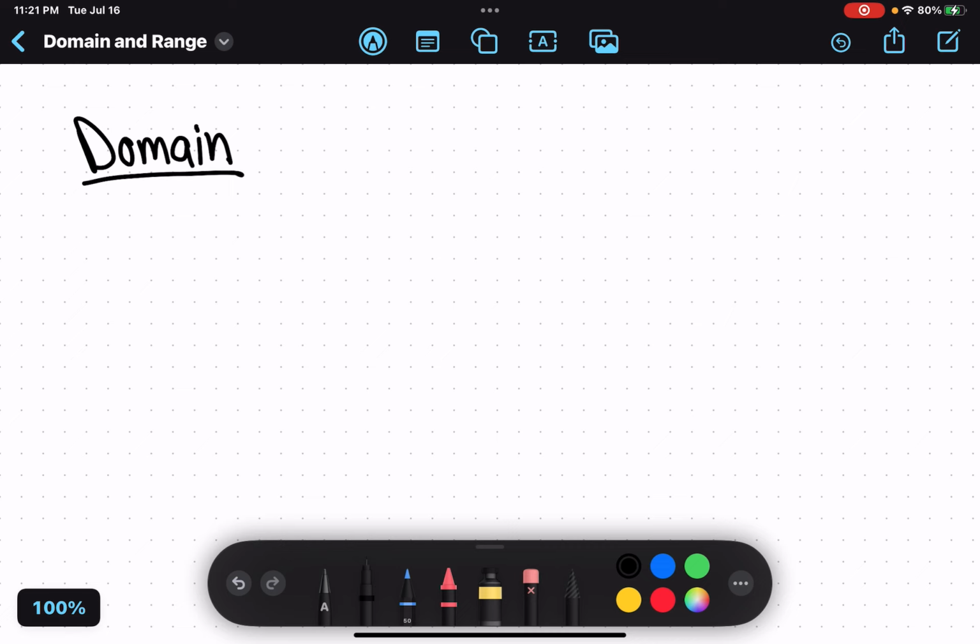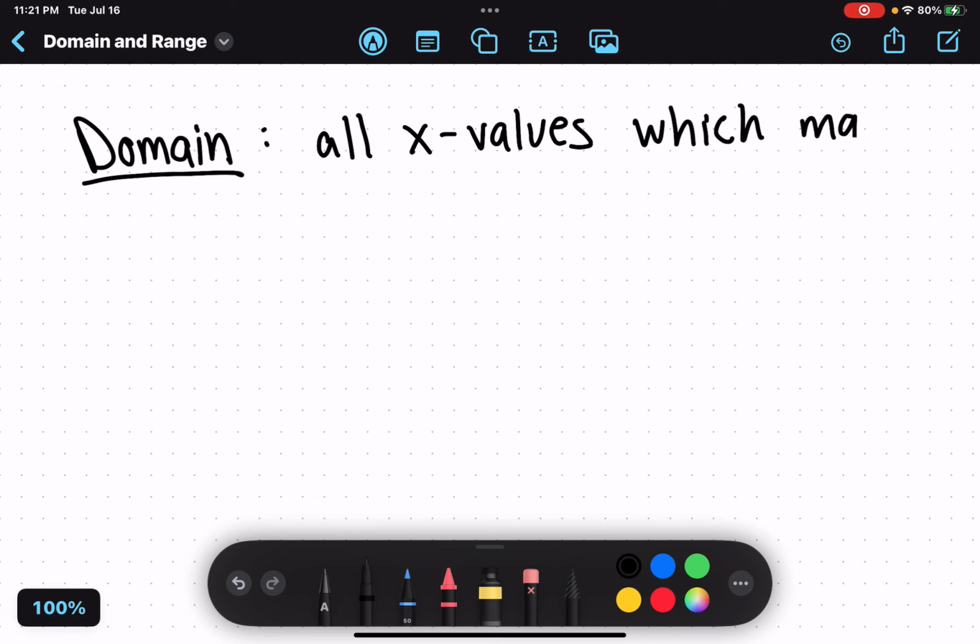Domain has a lot of meanings as a word, but in a mathematical sense, domain is all the x values which make the equation true.